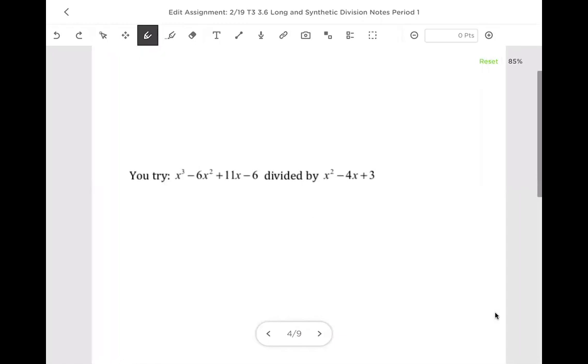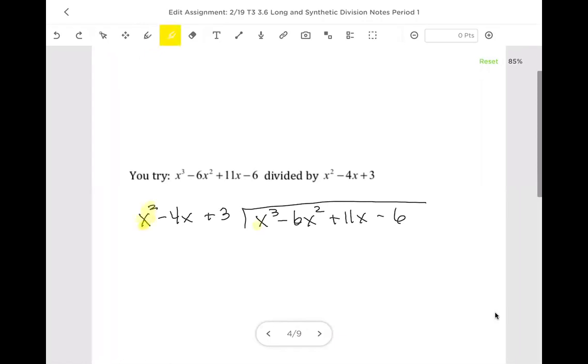Okay, so x squared, I'll do one more, minus 4x plus 3 divides into x cubed minus 6x squared plus 11x minus 6. I might have to do that other one too, depending on, I want to talk about when terms are missing. Okay, so this guy divides into this guy, right?